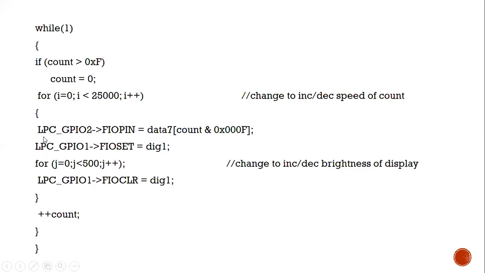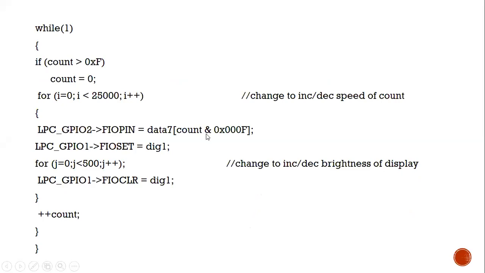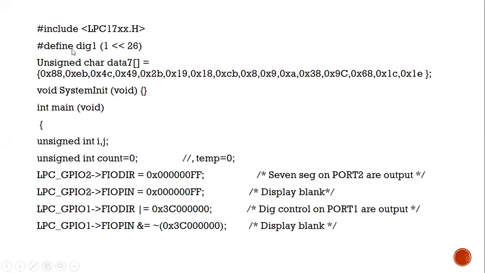Then it comes to the next step, that is LPC_GPIO2, the second port, FIOPIN equals data 7 count and FF. Here data 7 is nothing but these values, and the count value is this value, and these values will be added together.